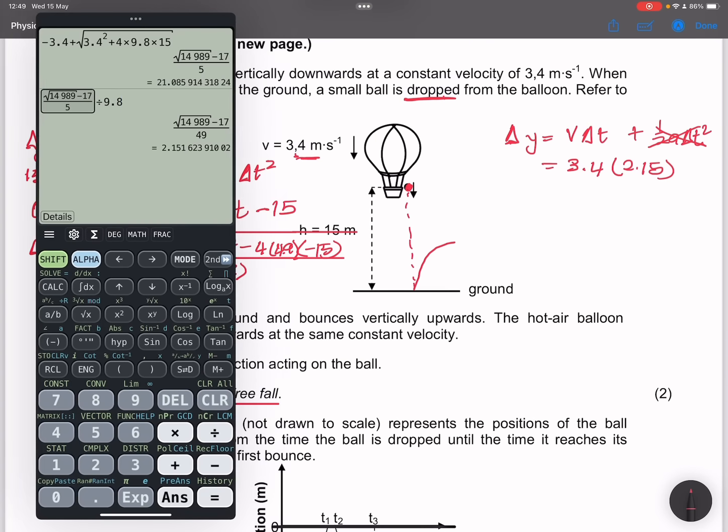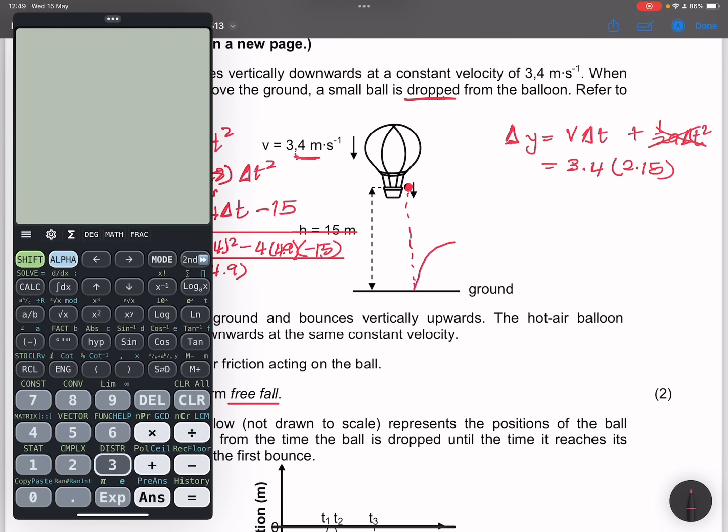Okay, let's find out. So we get 7.31 meters. So the balloon would have traveled a displacement of 7.31.